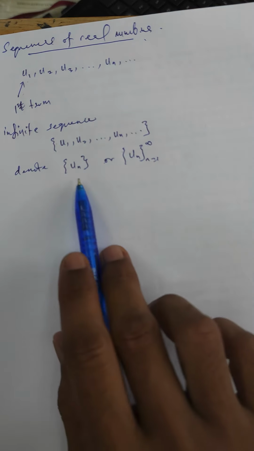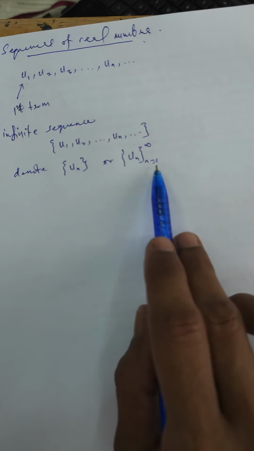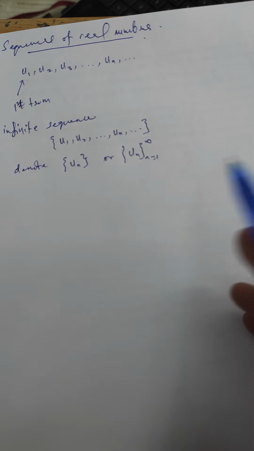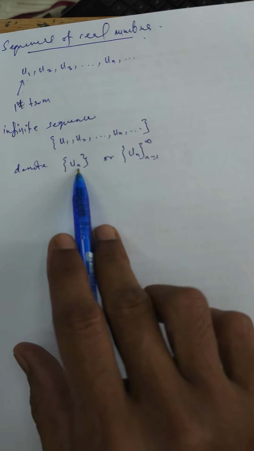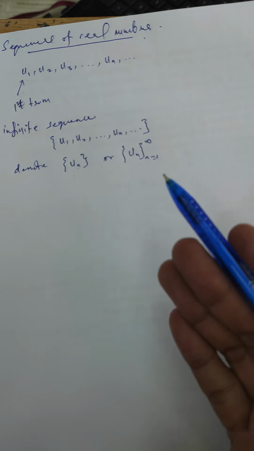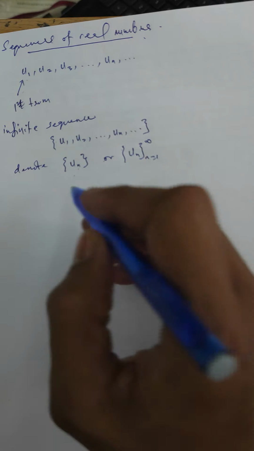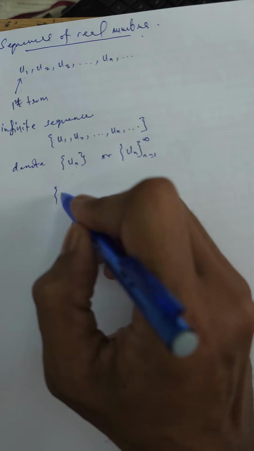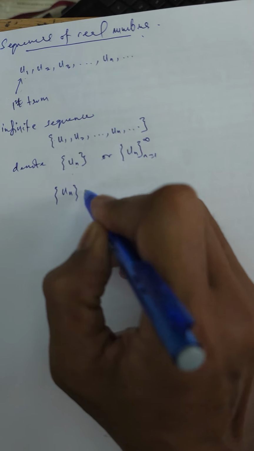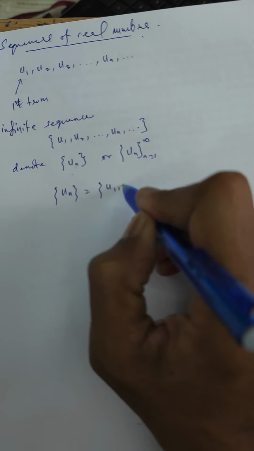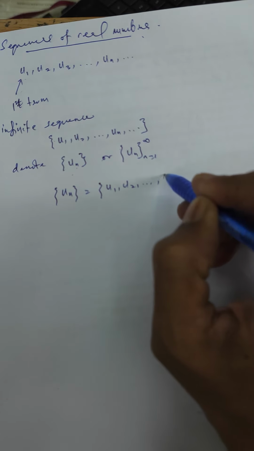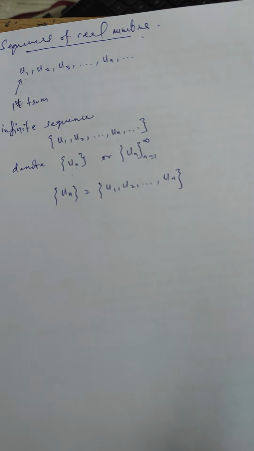But normally we just write this without the limit, because when we say infinite sequence, it means we have terms U1, U2, U3, UN and so on, up to no limit basically. So the meaning of this is basically U1, U2 and so on. Alright, so that's a sequence.